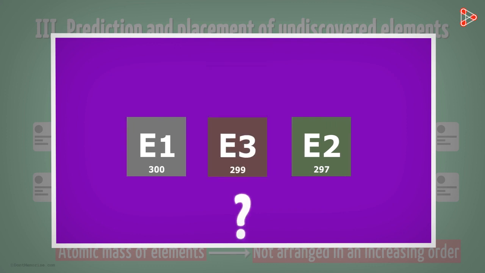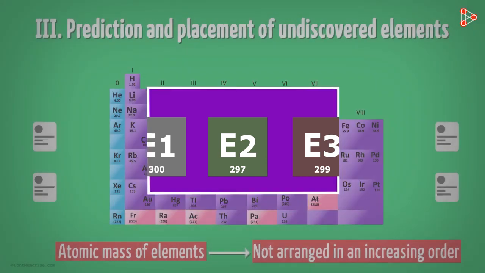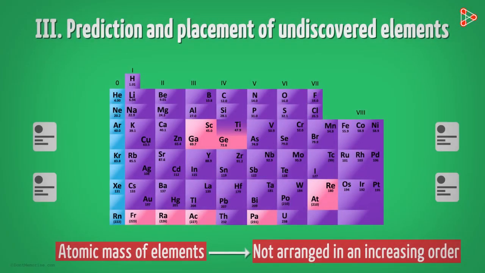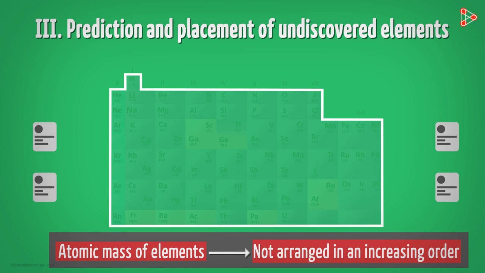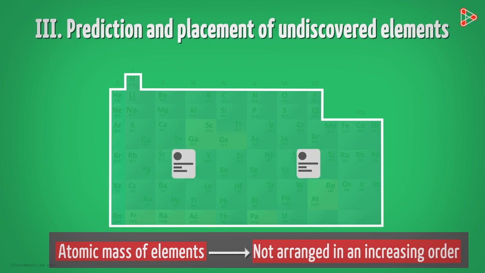Between the two elements or after the second element with atomic mass 297? And this is what was happening with Mendeleev's periodic table because the atomic masses of elements were not placed in a constantly increasing manner. Some elements did have atomic masses less than the previously placed element. So placing the newly discovered elements will disturb the entire table.